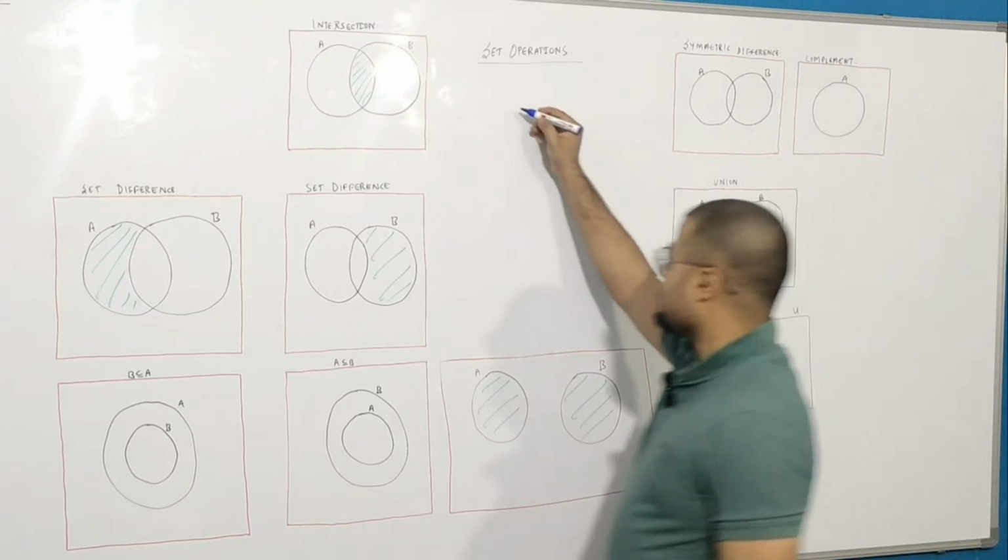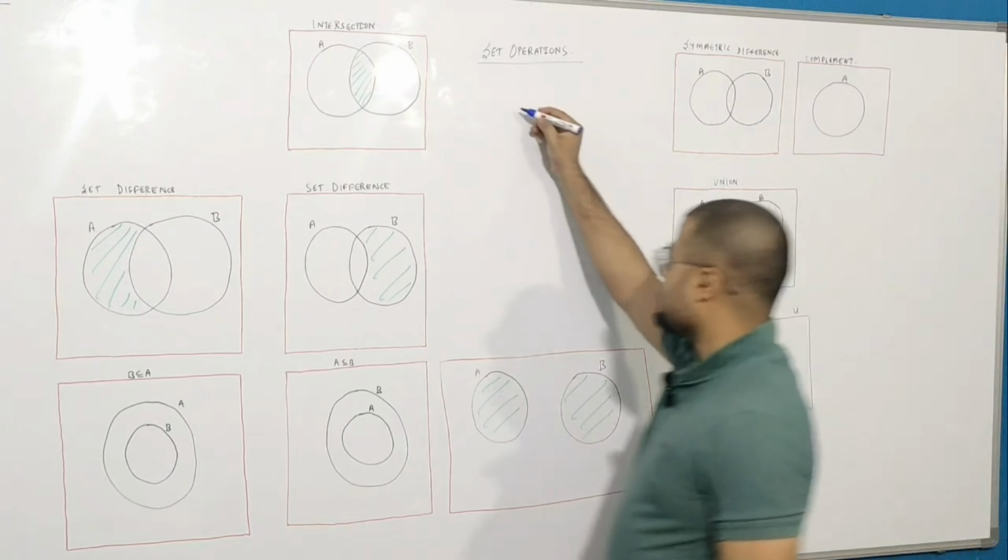For example, if I take A equal to 1, 2, 3, 4, 5, 6, 7 and B equal to 5, 6, 7, 8, 9, and 10, then what would be the elements in A symmetric difference B? It will be everything apart from 5, 6, 7, because 5, 6, 7 is the intersection region. 5, 6, 7 are the common elements.